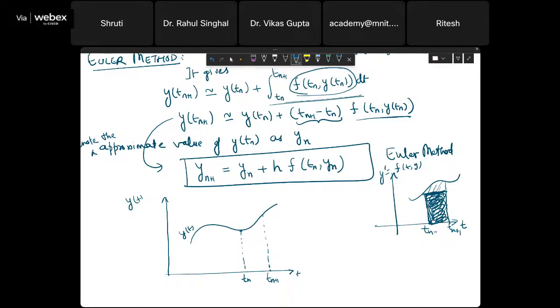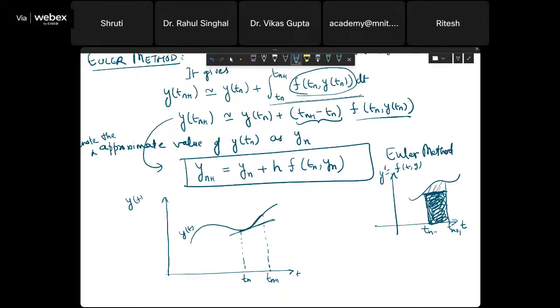In this interval this will be the curve, and we are approximating it by this particular line, which is nothing but the tangent to the curve at point Tn.